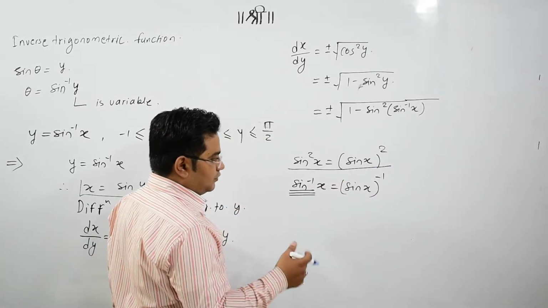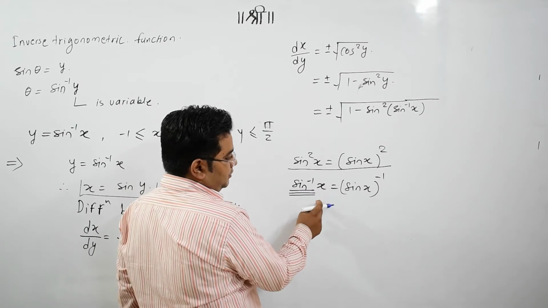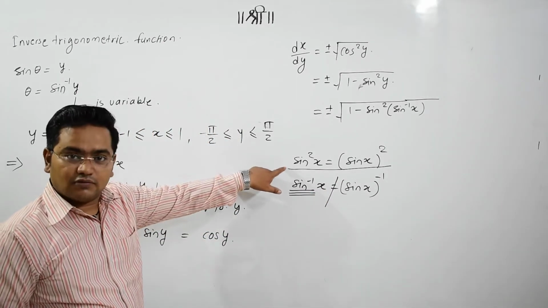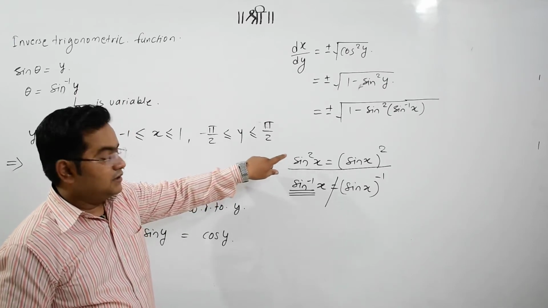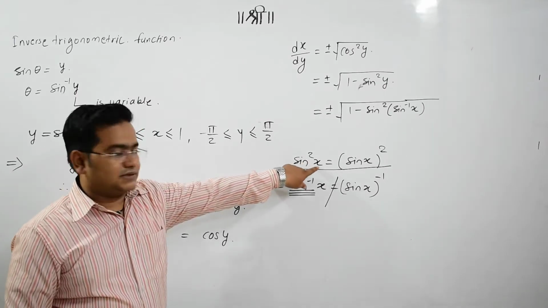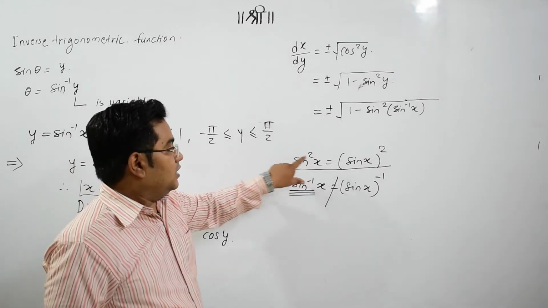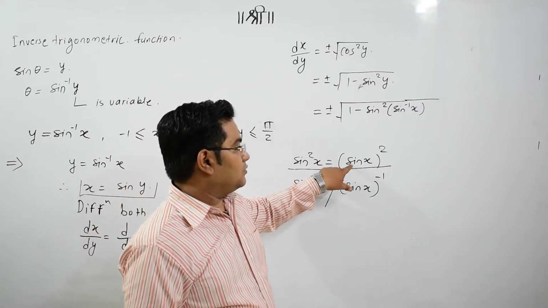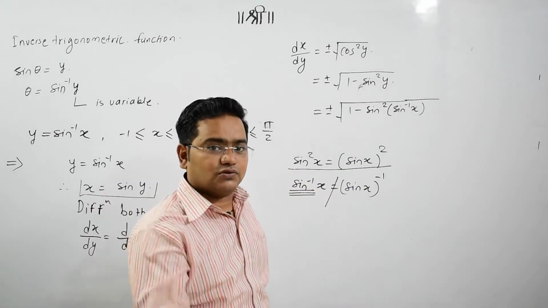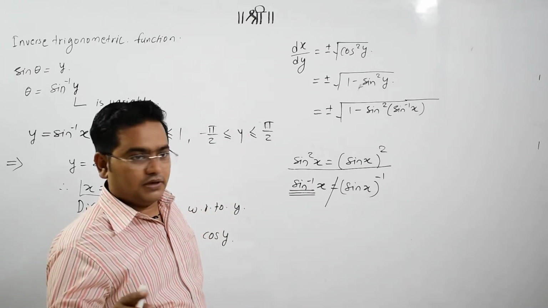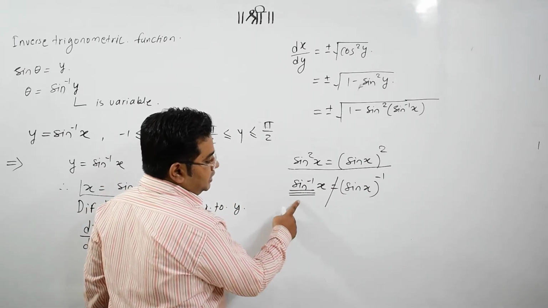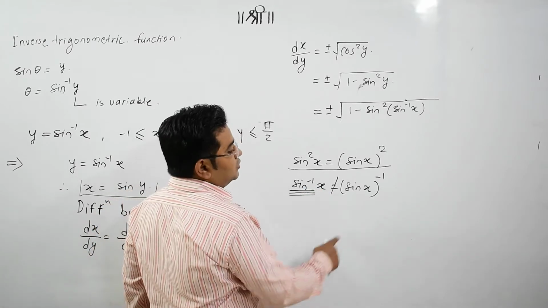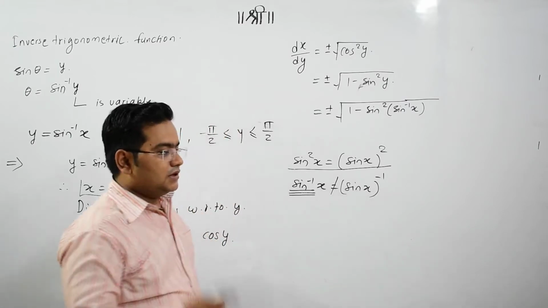The proof says that this is not equal, and this operation is equal. So whenever we apply sine 2 times on x, listen carefully to what I am saying, that should be equal to sine x bracket square. Understood? But whenever we have the inverse function on this x, it should not be equal to the reciprocal of sine of x.